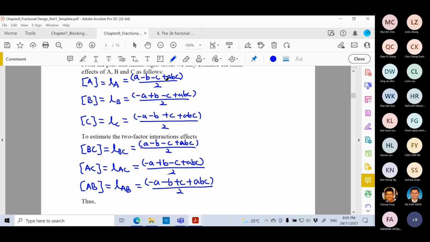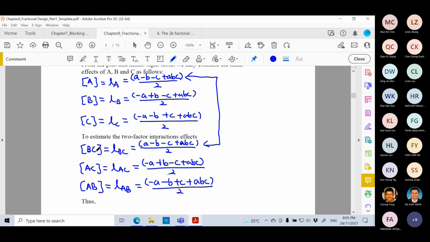So if you observe it, they actually will be similar. You can see that this thing and this thing is actually the same. So in fact, the A and the BC are similar.